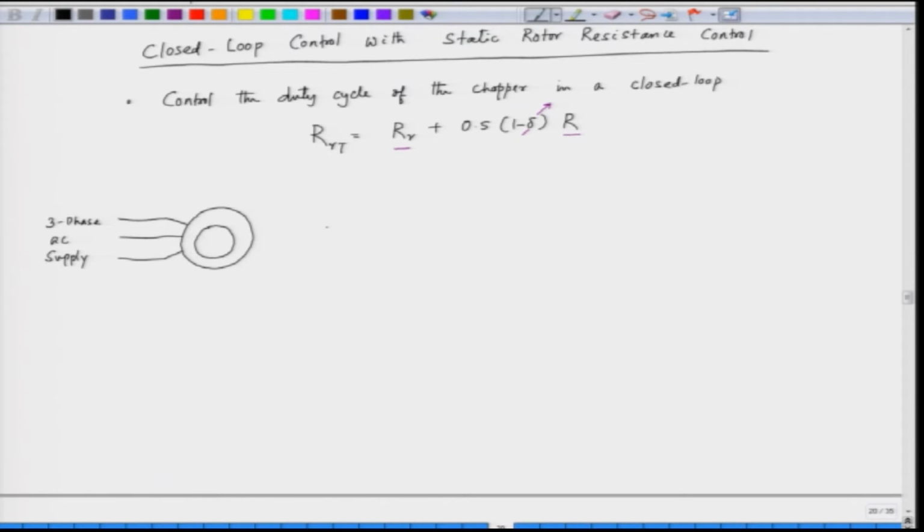In the rotor we connect a diode bridge like this, and we have this inductor on the DC side, and then we connect the resistance here, and we have a transistor chopper which has to be controlled to control this resistance between the A and B terminals.